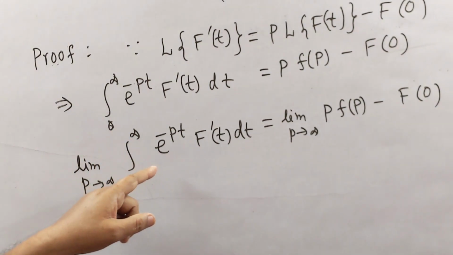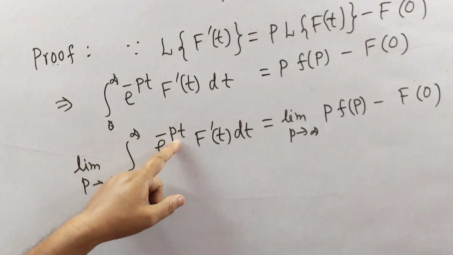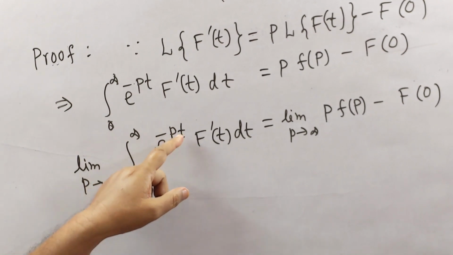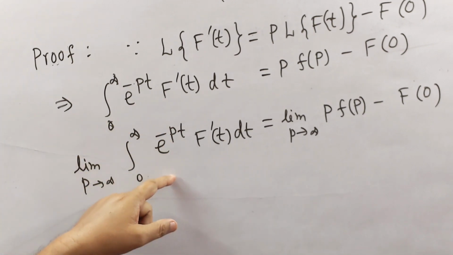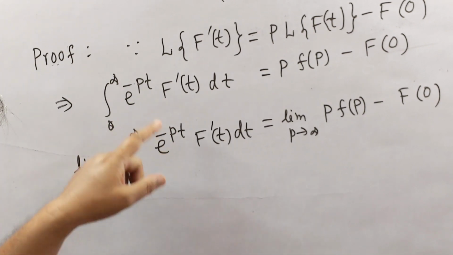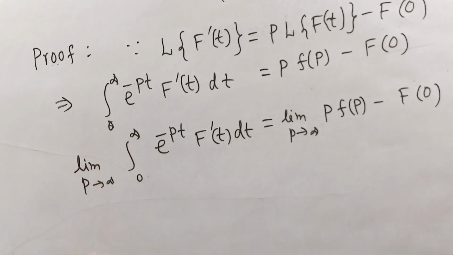Here we see that if p tends to infinity, then e to the power minus pt is 0, because this is 1 by e to the power pt, and 1 by e to the power infinity.